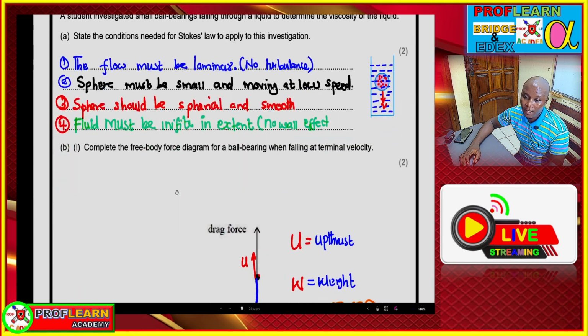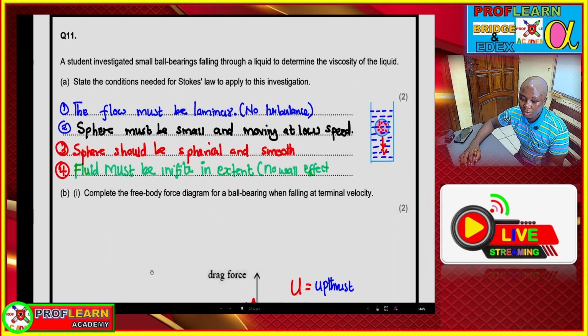Right, the next part we are going to look at is the structured questions. The first question I brought on board is the concept of Stokes law. We have already seen the formula for Stokes, but there are conditions that must apply for Stokes law to hold.